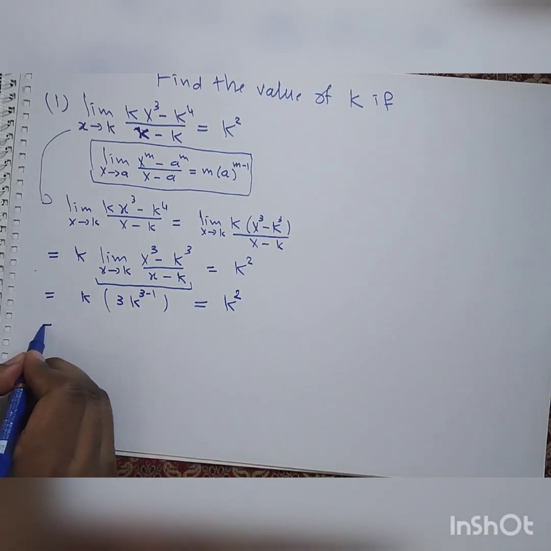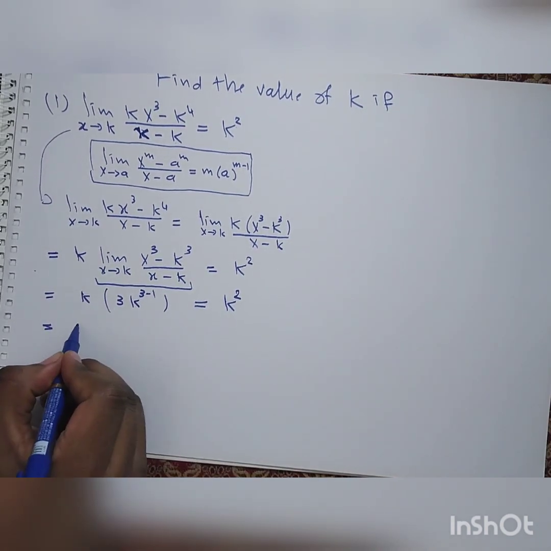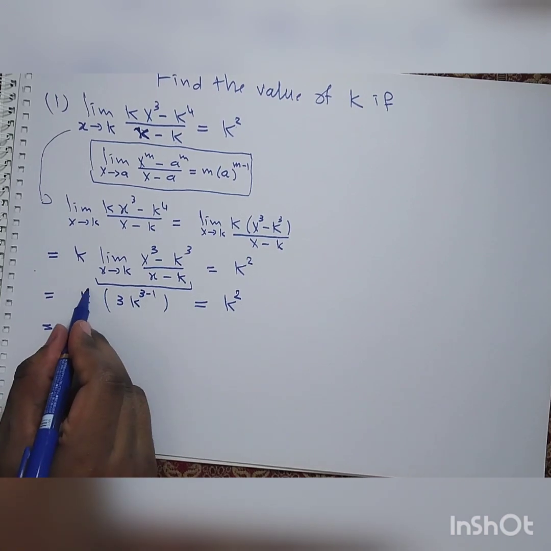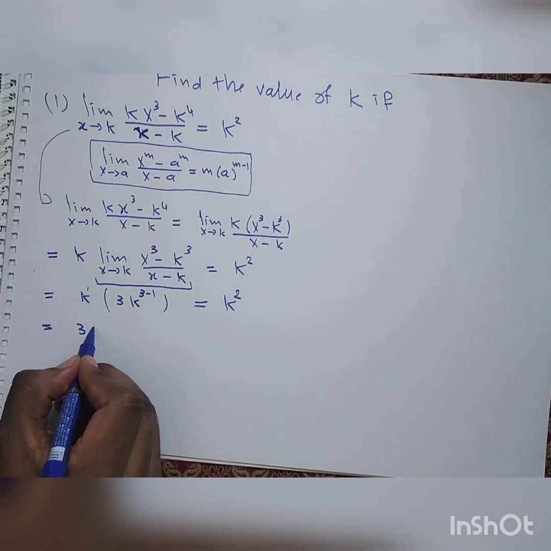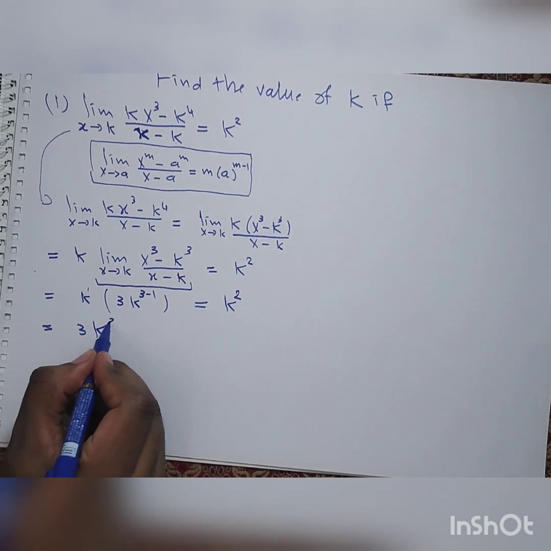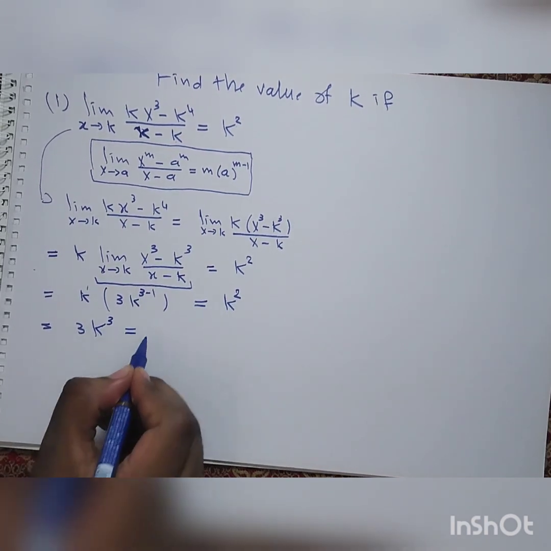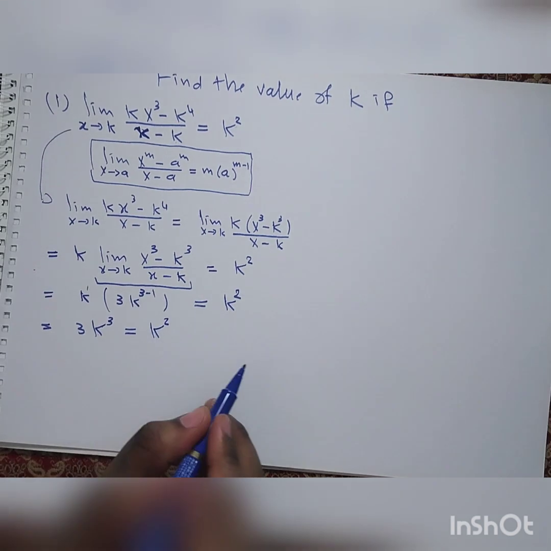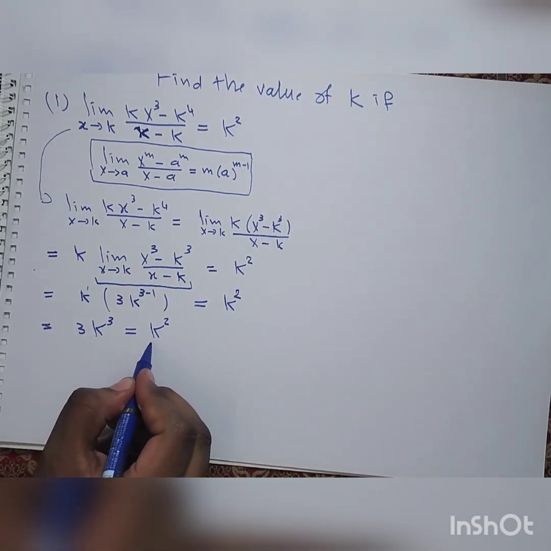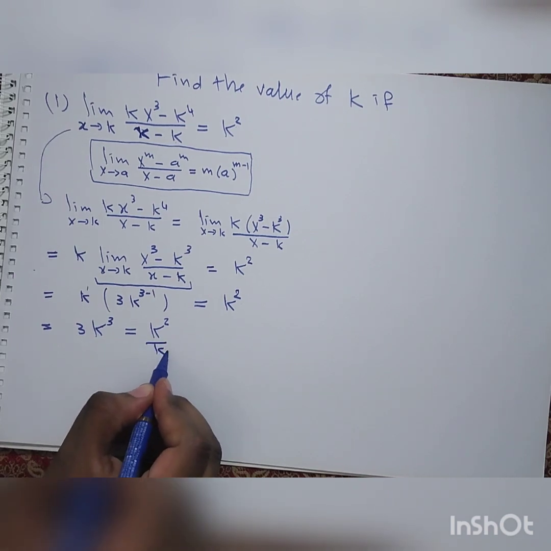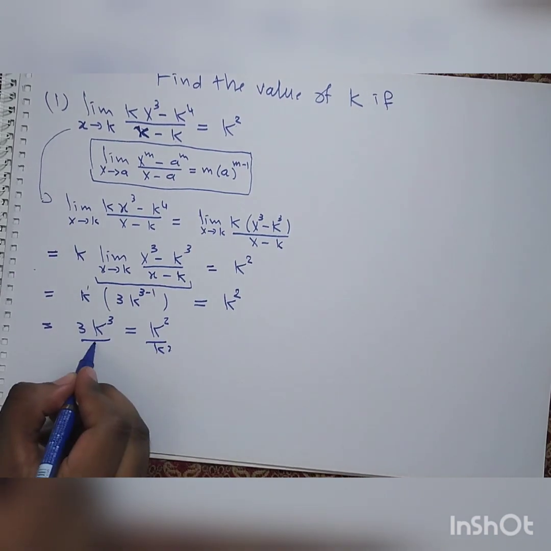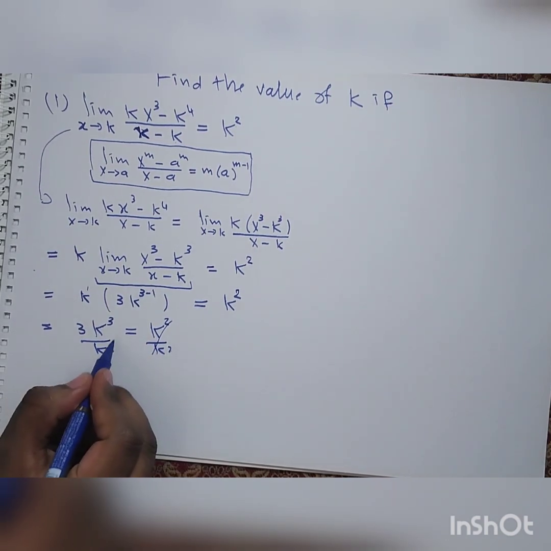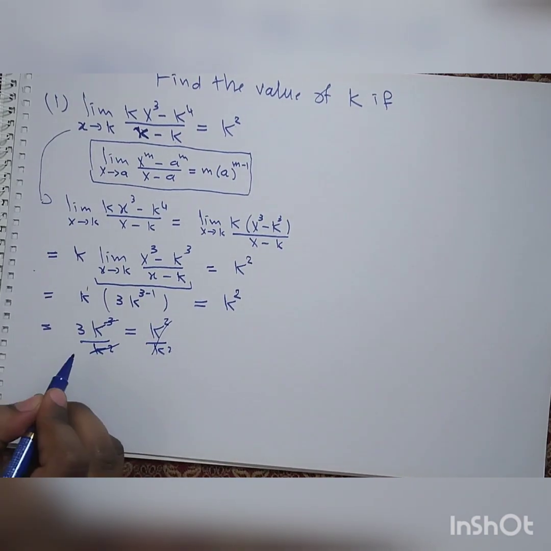So we have 3, and then we multiply k squared by k to the power 1, that will be k to the power 3, and this is equal to k squared. Of course we can divide by k squared on both sides, so that will be 1 on the right, and this will go with k squared.